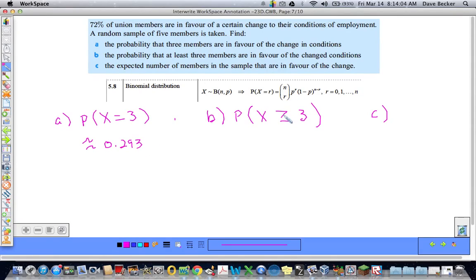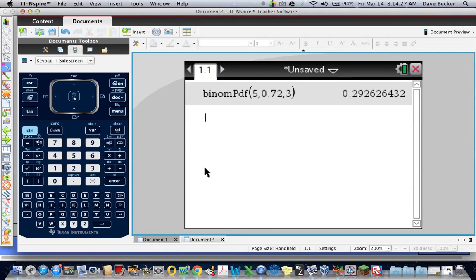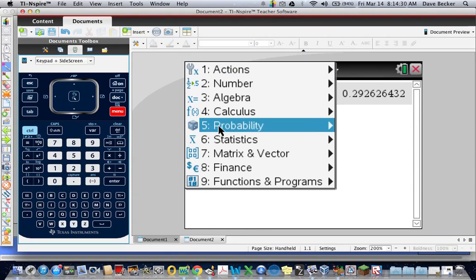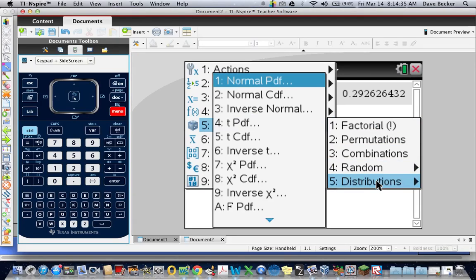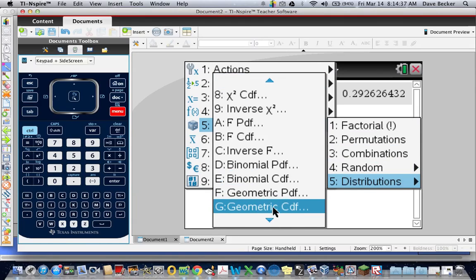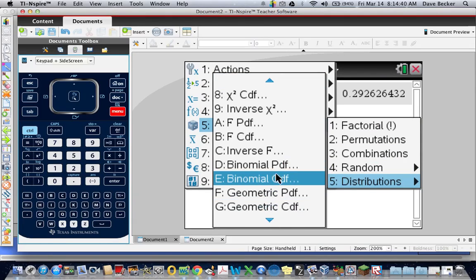Well, how about greater than or equal to 3? Okay, the probability that x is greater than or equal to 3. You just have to do one more thing. So menu, probability, distributions, and now we're going to choose the cumulative one, binomial CDF.